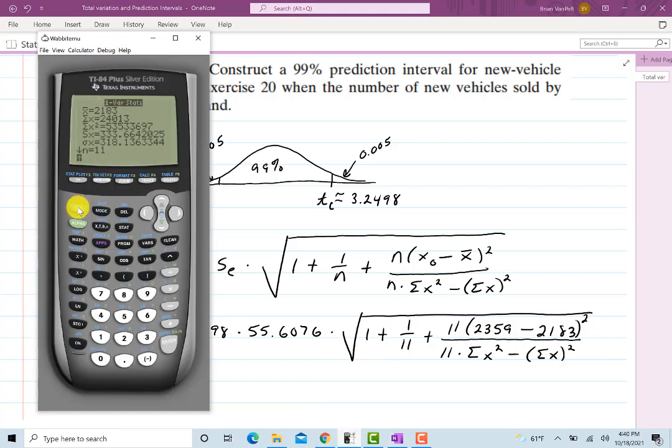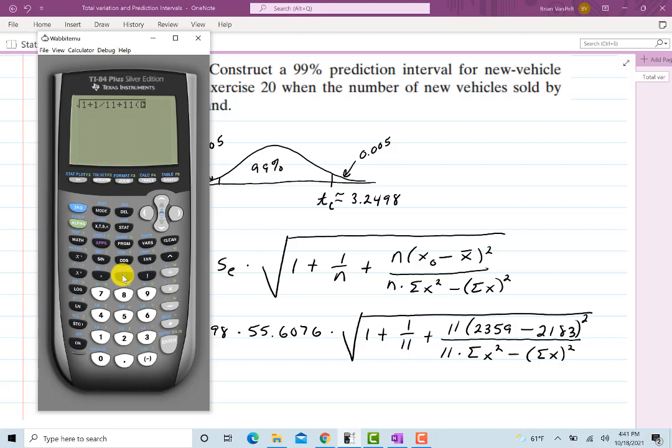So you got to quit first before you do this. We'll do the square root of 1 plus 1 divided by 11 plus 11. I can start a parenthesis.